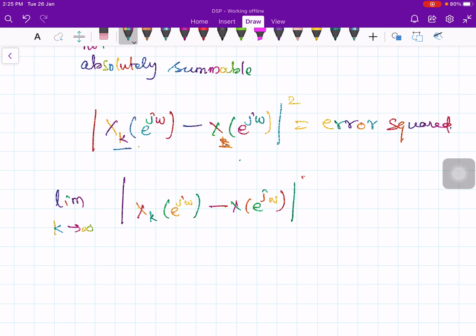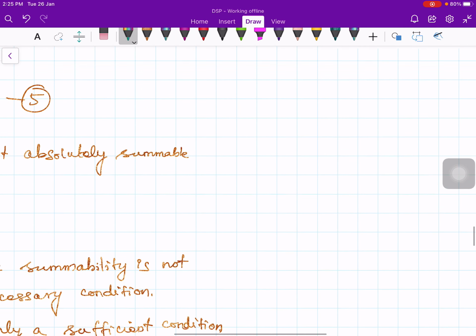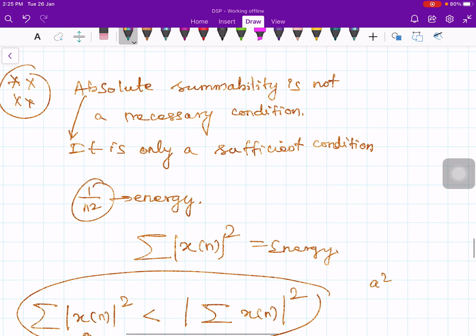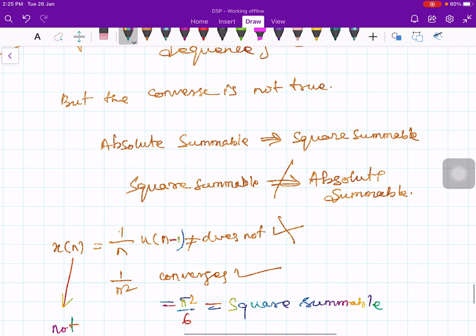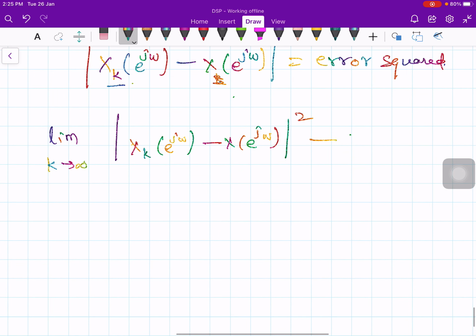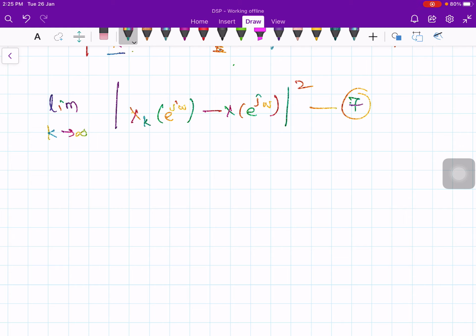Now for square summable sequences, I don't know what the previous equation number was, 5, so 6, right? The last one is 6. Let me call this equation number 7. Now from this equation 7, this error has to go to 0.